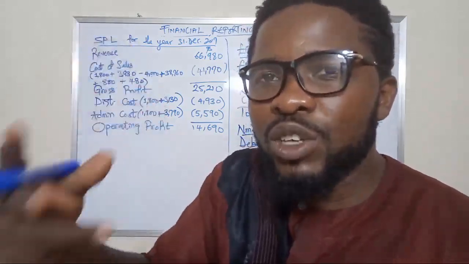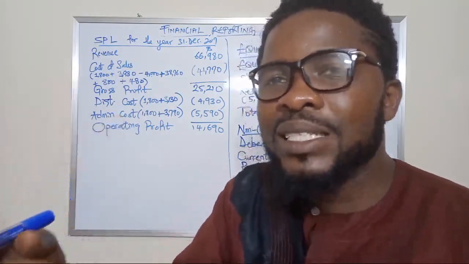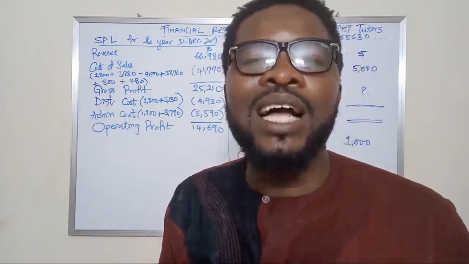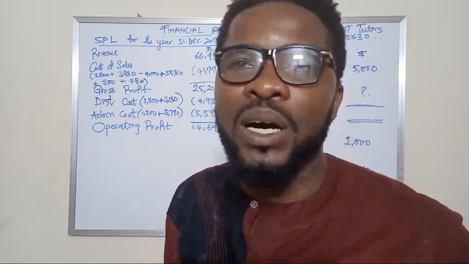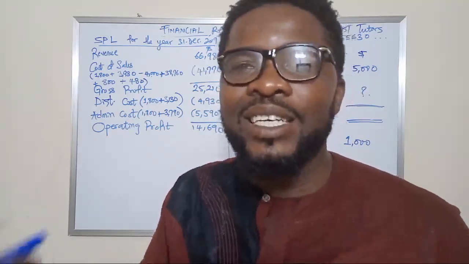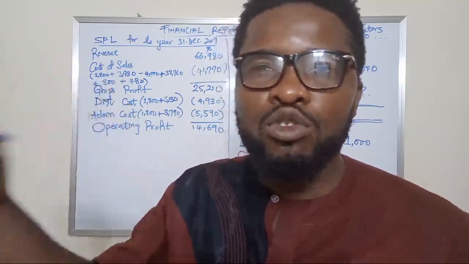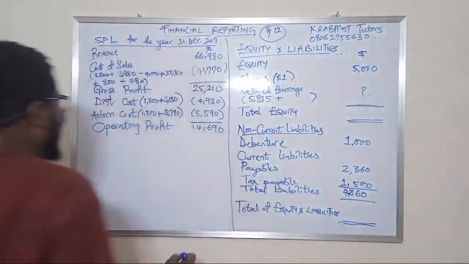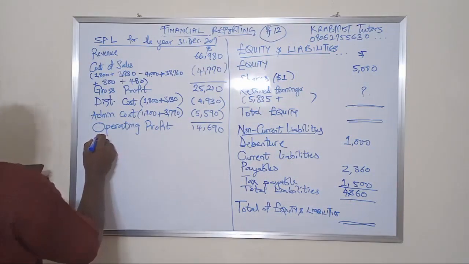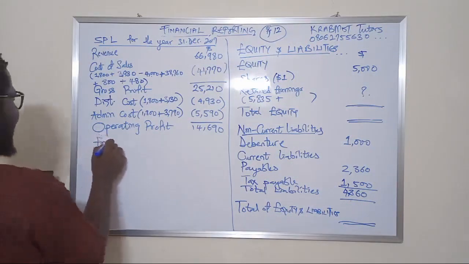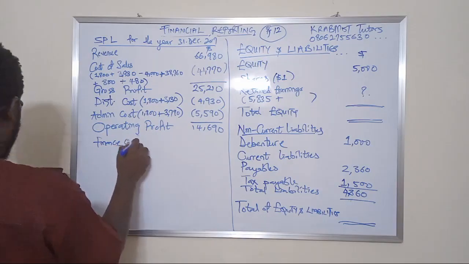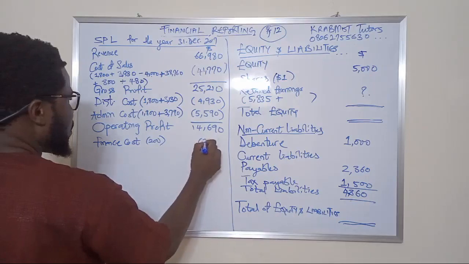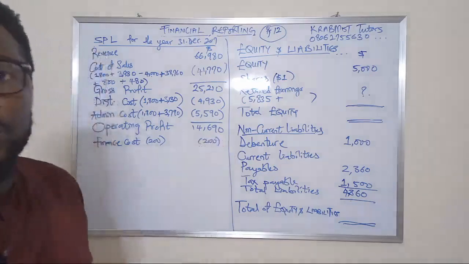Apart, what are the two components of a loan? Two components are that you borrow the loan, you are paying interest on it, which is one part. The second part is that at a stipulated time, you will pay the principal. So for the interest, it is being expensed to the statement of profit and loss. And it is a finance cost. So we say for the loan interest, finance cost of 200. So we tick that part.